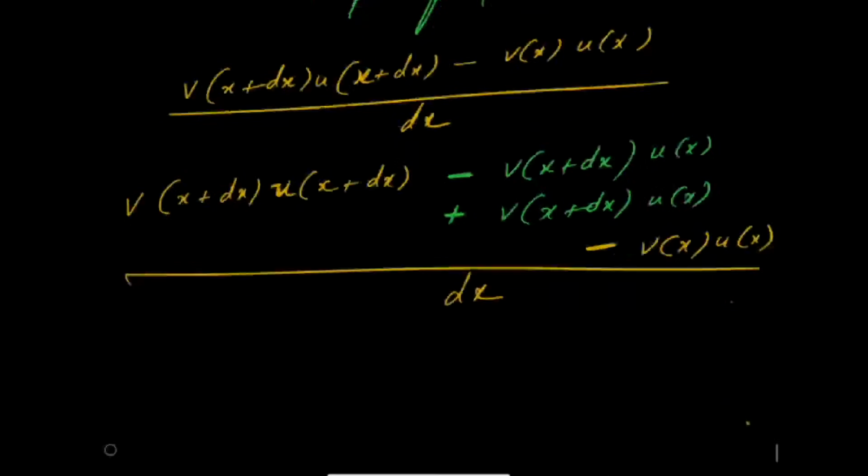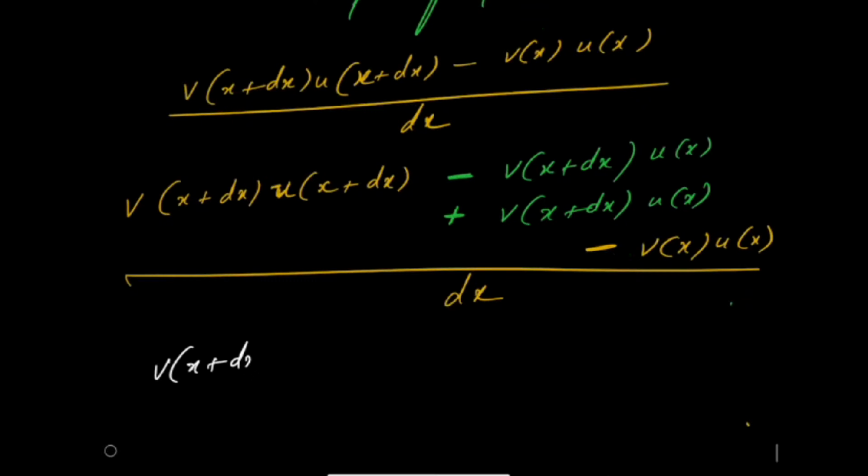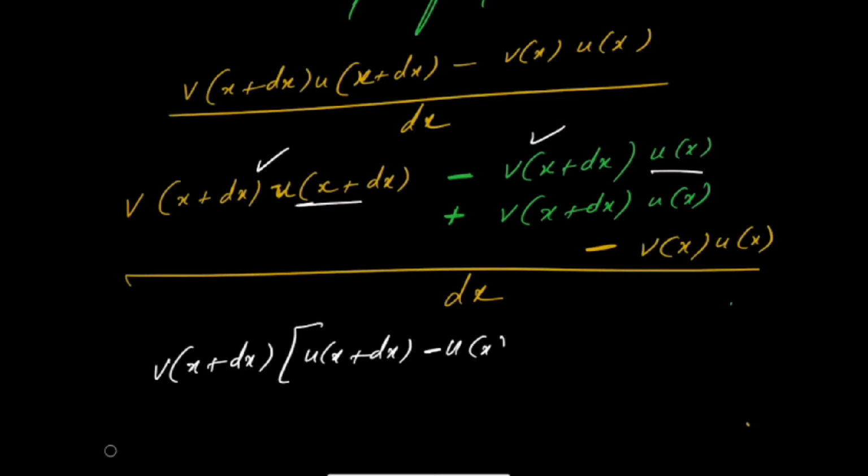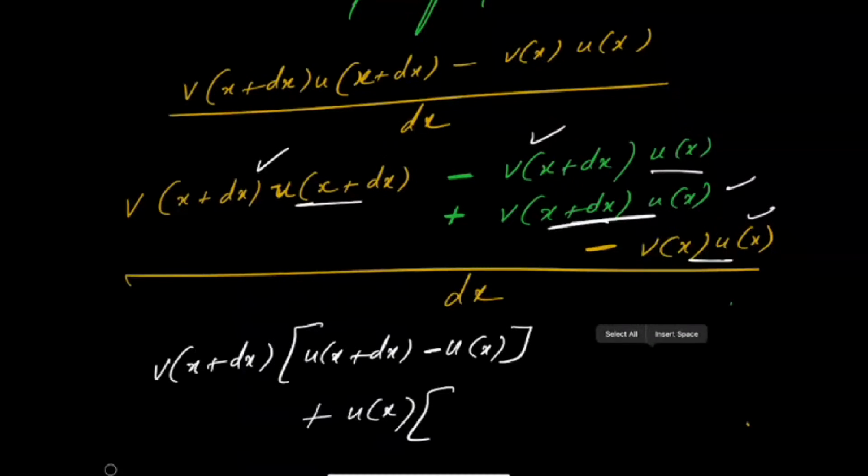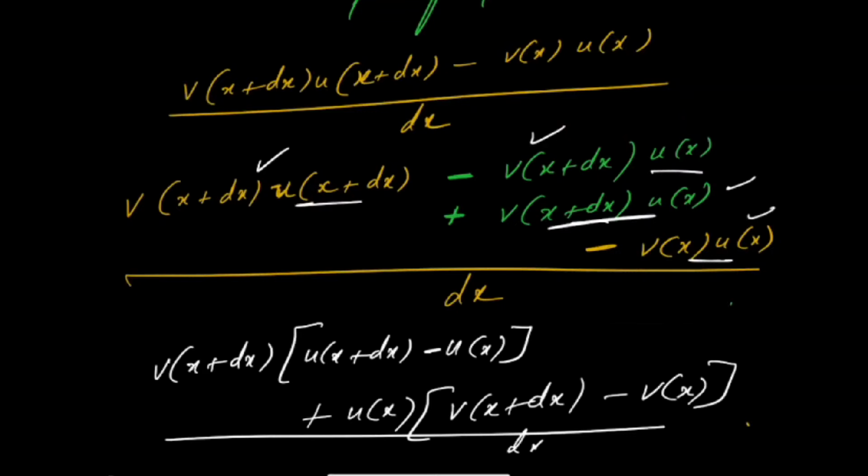So here, if I take v of x plus dx common among these two, what will remain? u of x plus dx minus u of x. And here, what can you take common in these two? You can take u of x common. So plus u of x common, and what will I get? v of x plus dx minus v of x by dx, correct?